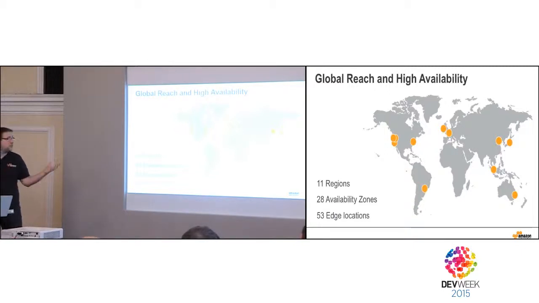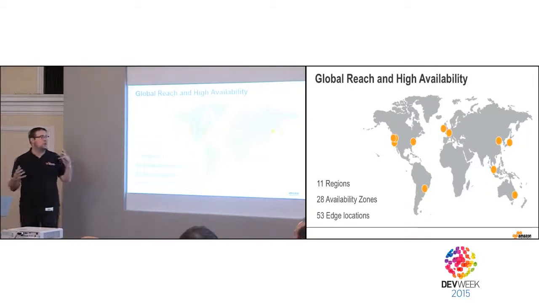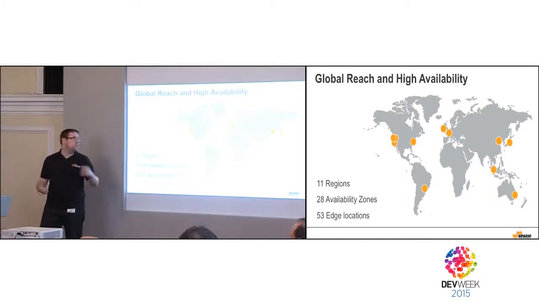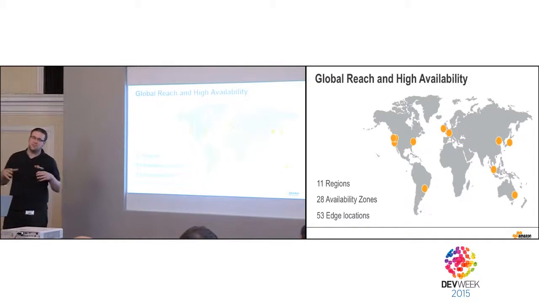AWS is a platform that has 11 regions around the globe, and each of these regions is composed of clusters of data centers. If we take the Irish region, which is the closest to here, we have 3 availability zones. An availability zone is a set of data centers that don't have any common risk profile with another availability zone.